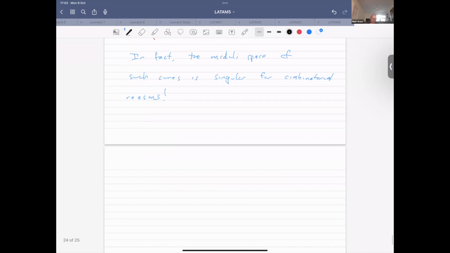So let me end with some statements. Results. One, these give nice invariance, which can be used to construct the intrinsic invariant ring.